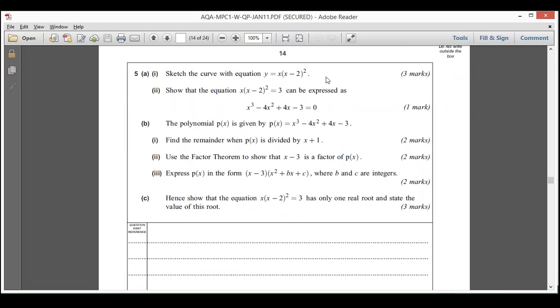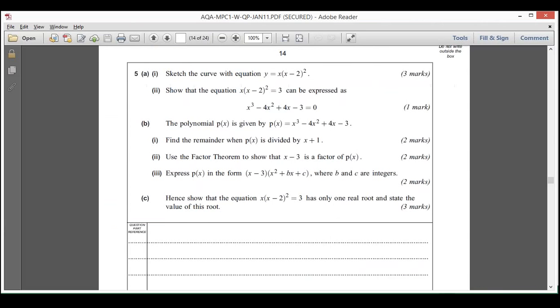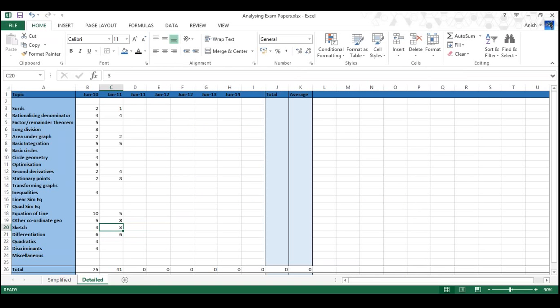Right, sketching curve, so 3 marks. Show that the equation can be expressed as that. So sketching, first of all, was 3 marks. 1 mark, I'll come back to that 1 mark. Find the remainder and the factor theorem, so that's 2 and 2. So factor and remainder, so that's 4 there.